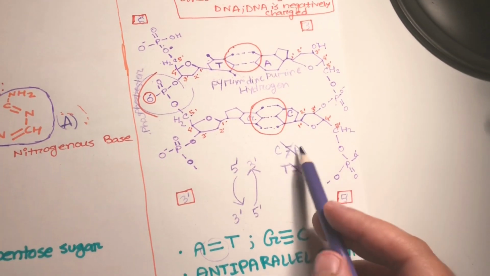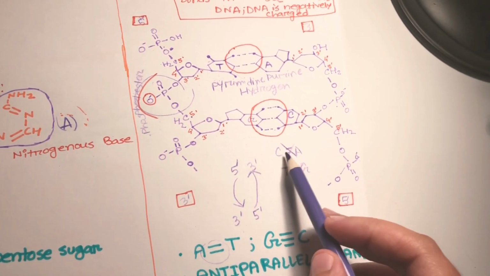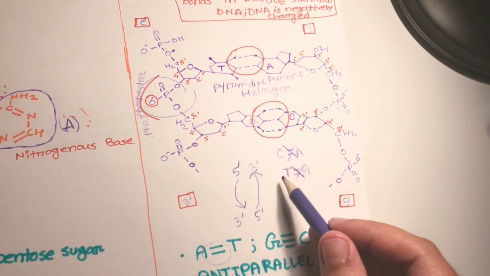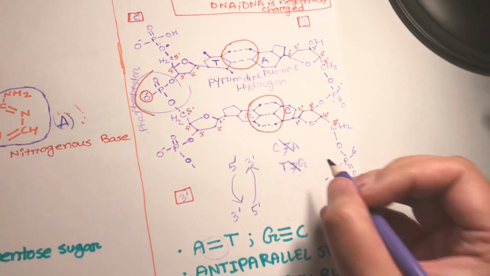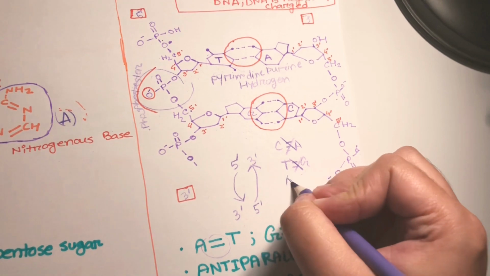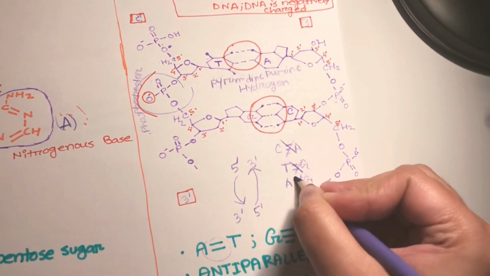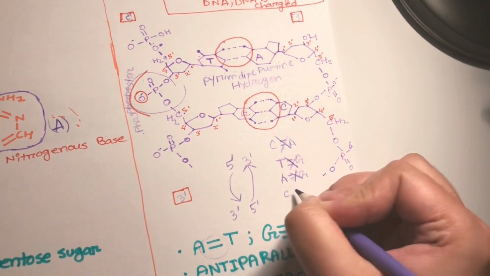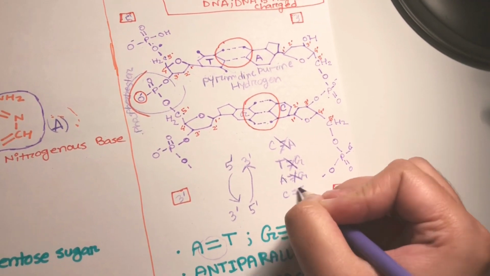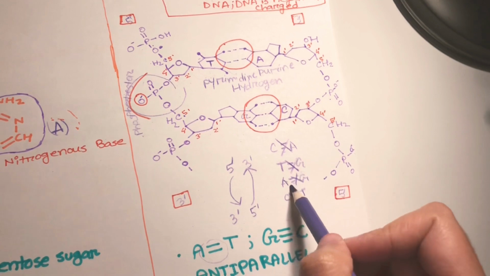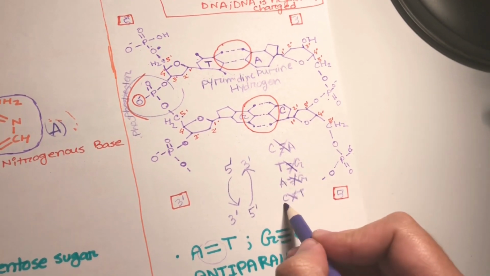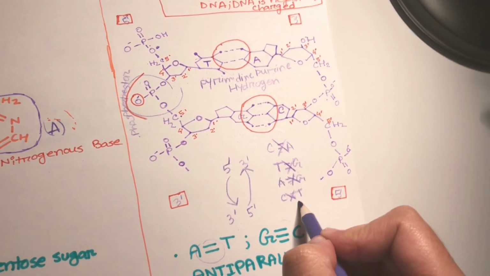There will be no bond between cytosine and adenine, or thymine and guanine, and also there will be no bond between cytosine and thymine, because both of them are pyrimidines.